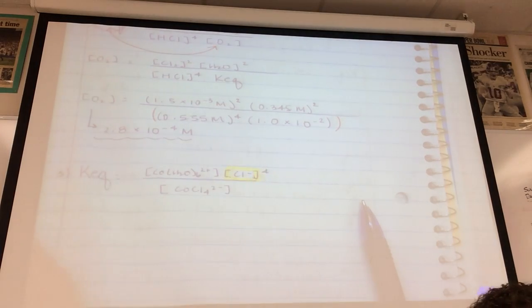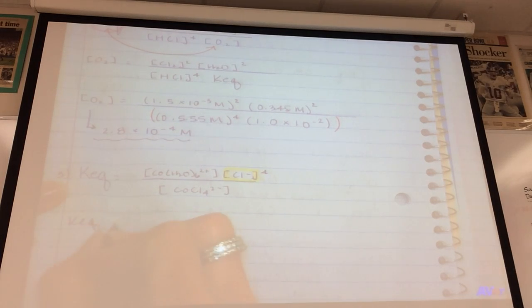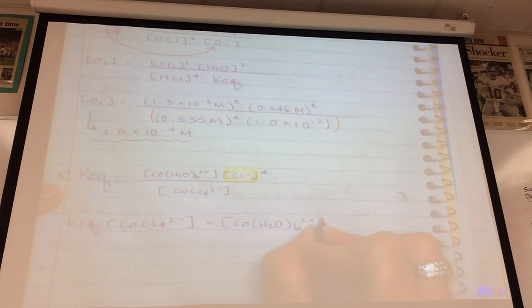Now that flipperoo thing only works when you've got it in the denominator, and you don't. So you want to cross multiply and solve here. You've got KEQ, and these complex ions have pretty funky names, so I don't want to confuse you.